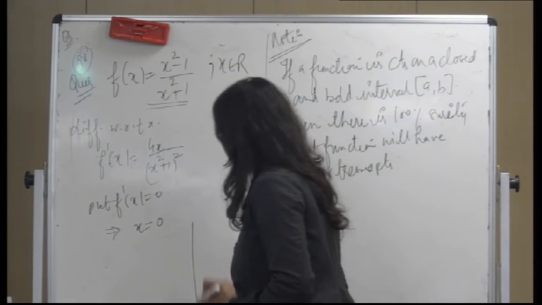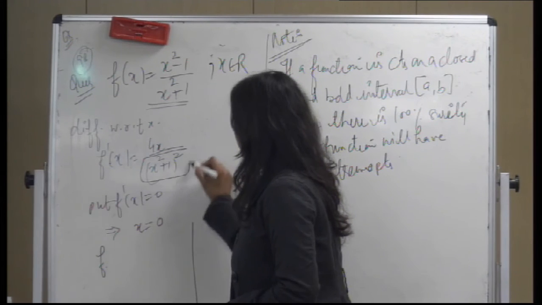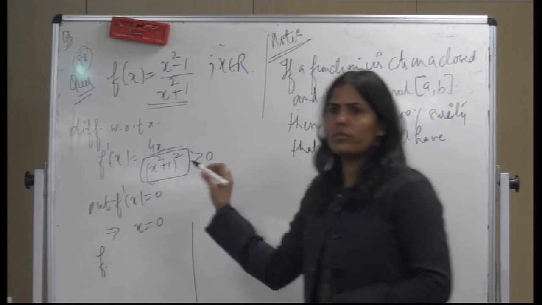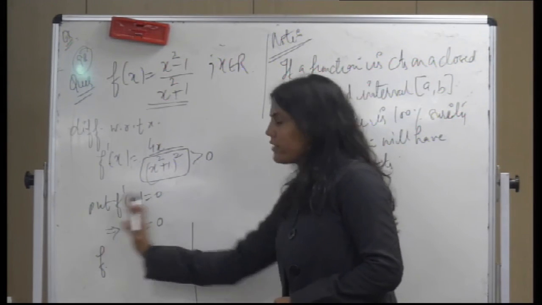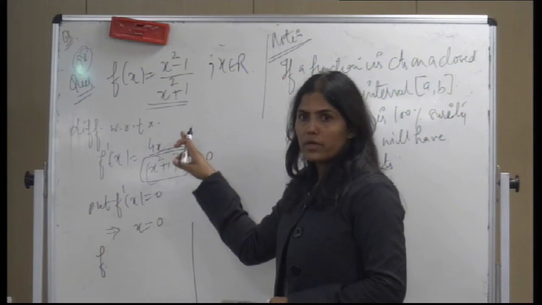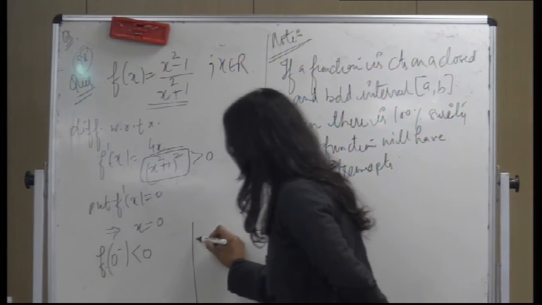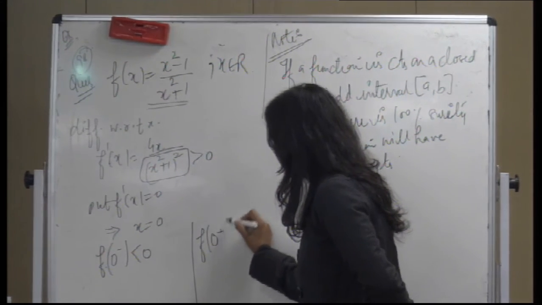So if you apply the first derivative method, this term is already positive, whichever value of x. If you go to the negative side of x, this will be negative. If you go to 0 minus, this value will be negative. If you go to the 0 positive side, it will be positive.